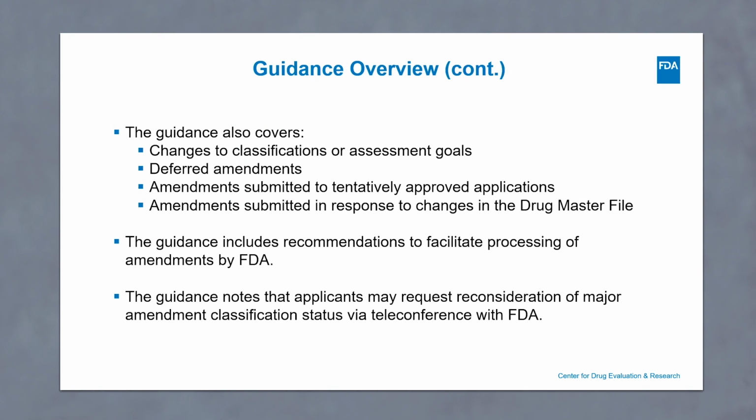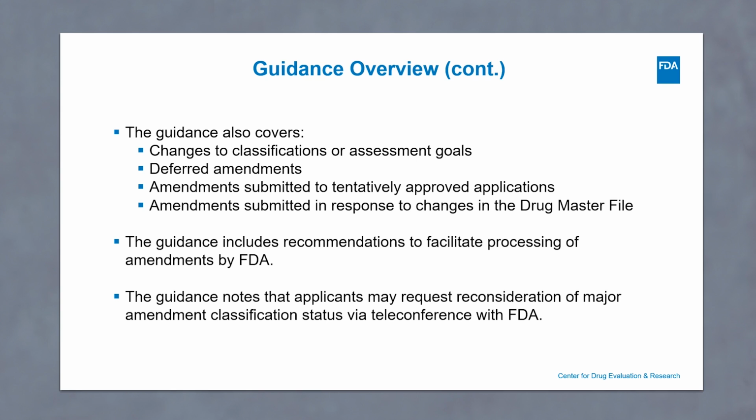The guidance also covers changes to classifications or assessment goals, deferred amendments, amendments submitted to tentatively approved applications, and amendments submitted in response to changes in the drug master file.